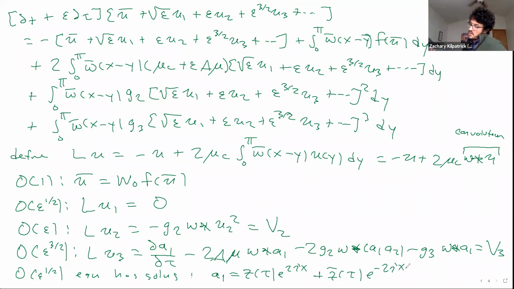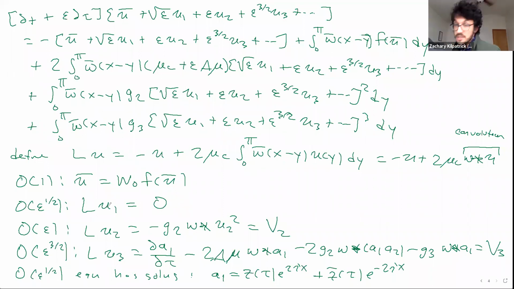Okay. So this is our linear operator here, right? It has solutions whose modes are given by the dominant eigenmode, right? E to the 2ix here.